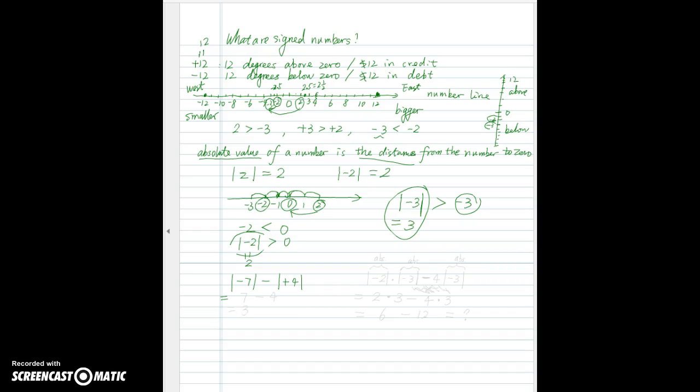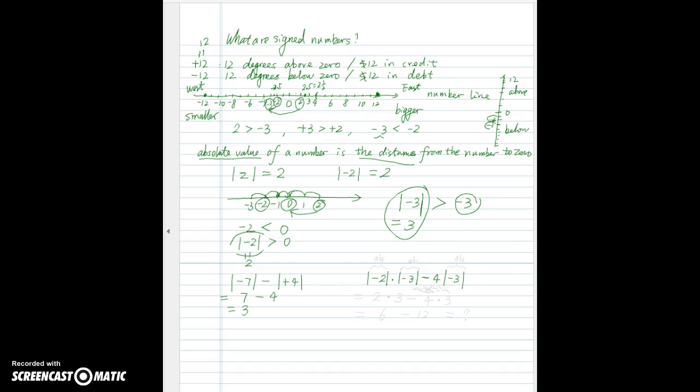So absolute value of negative 7 is 7. Distance is 7. Minus, copy minus. Absolute value of 4 is still 4. So 7 minus 4 is 3. Well, we can do another example.